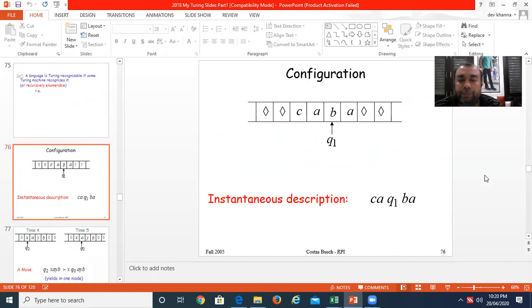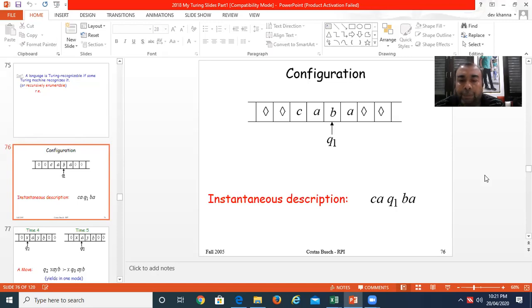Now configuration. Configuration means the status of the machine, and that is also known as instantaneous description. This instantaneous description has been asked. Please make a short note of it and try to remember it, in case a two marks question is asked: what do you mean by instantaneous description of the Turing machine? Instantaneous description means what you have read from the tape, what is still to be read, and what is the current state of the machine.